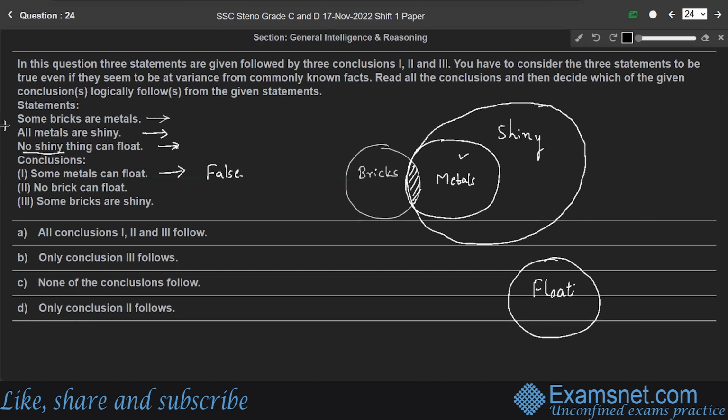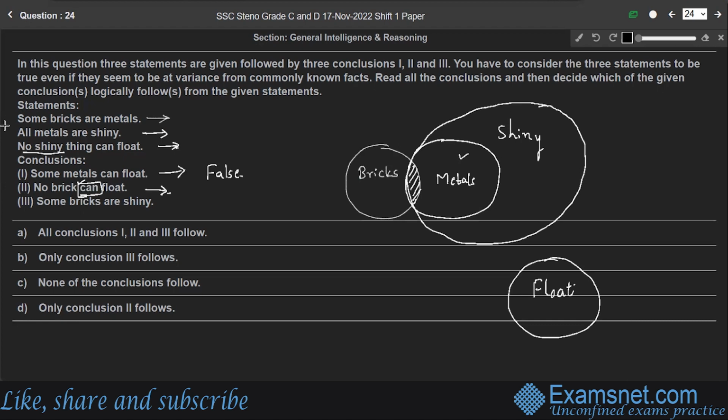Next one, no brick can float. Here, there is no direct relation between bricks and float. Because of the word can in no brick can float, it is not definite. If the word can is used, it indicates it is not definite.